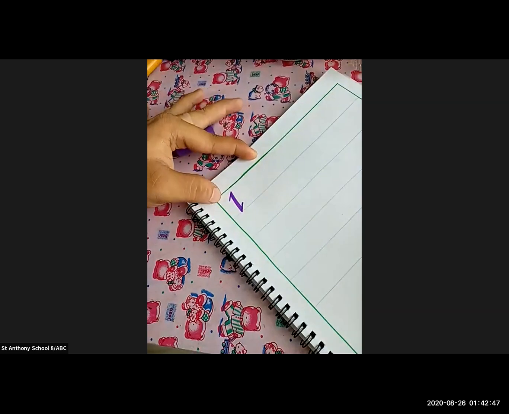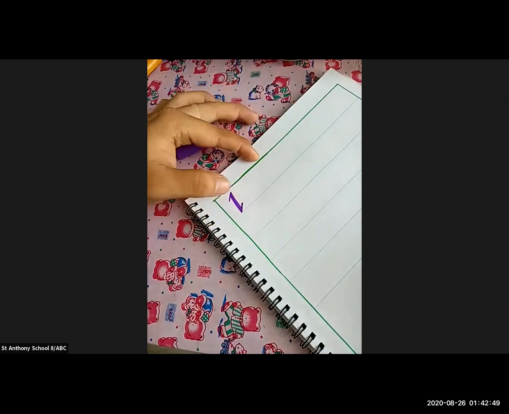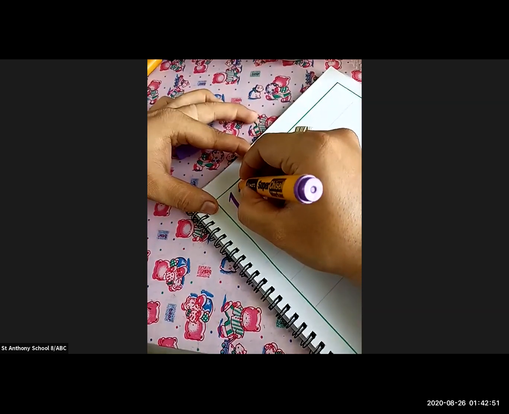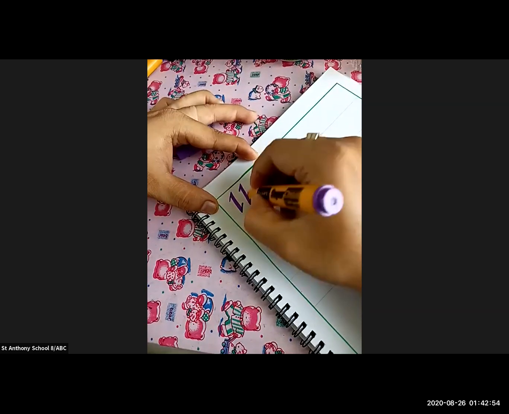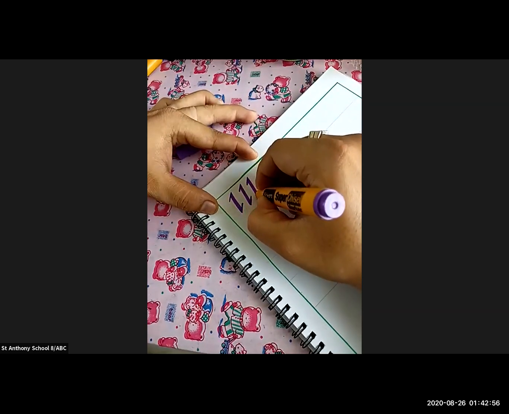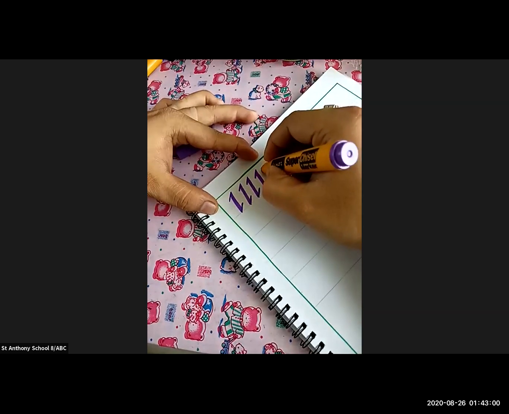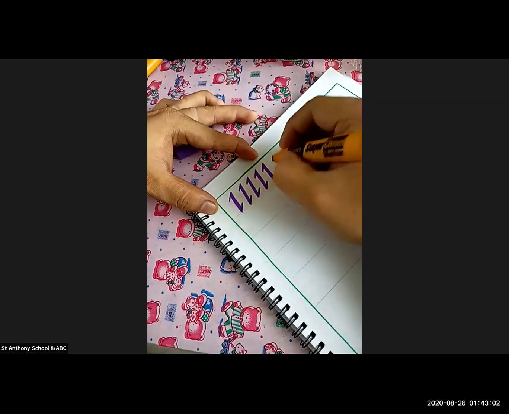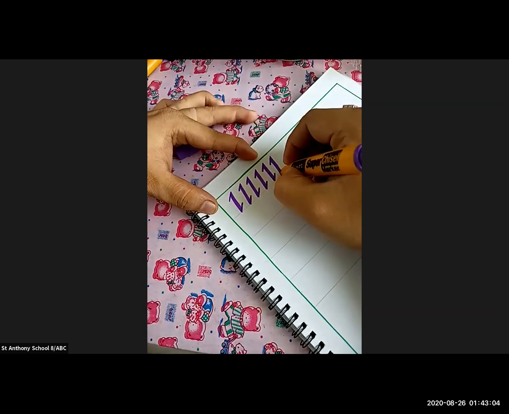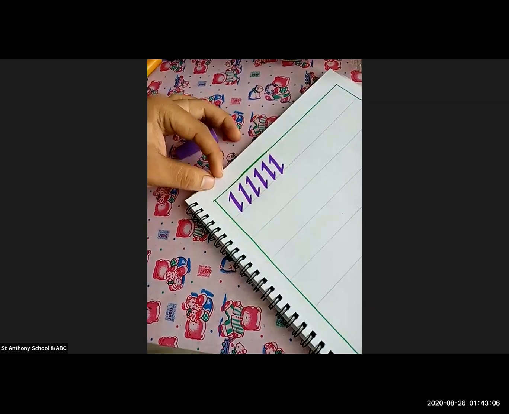Thin, fat, thin. Is that clear? You have to do it this way. You have to follow these rules. This is the standing line stroke.